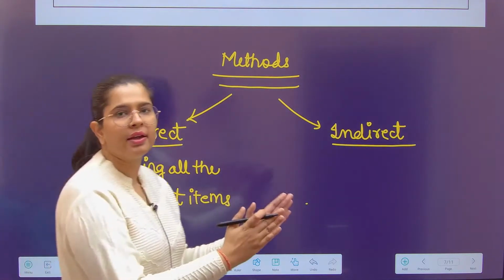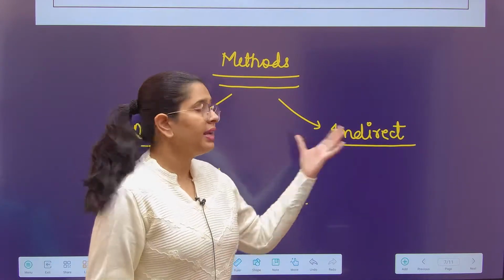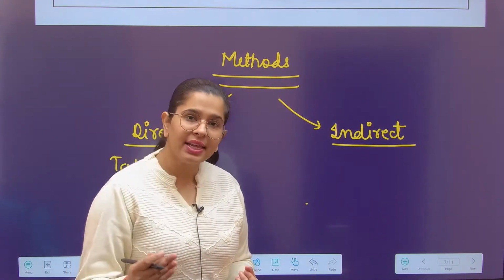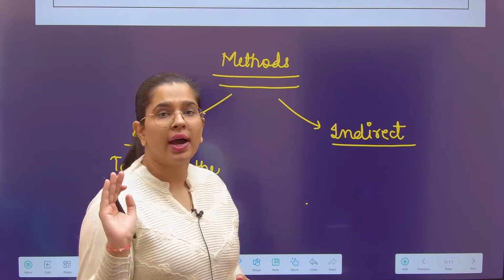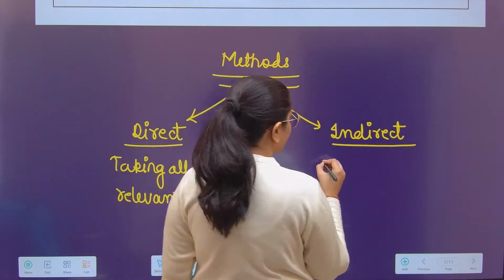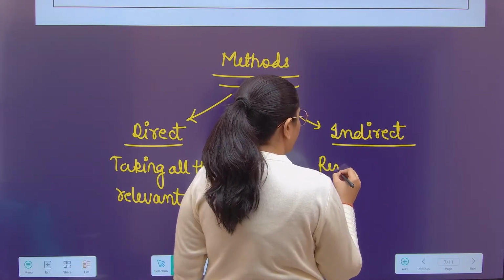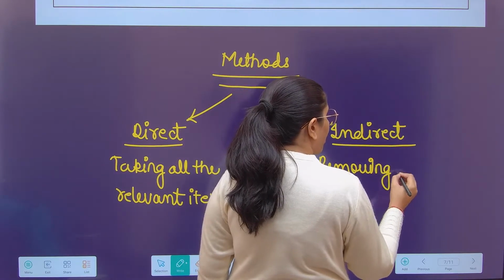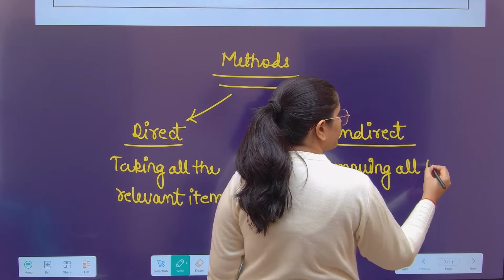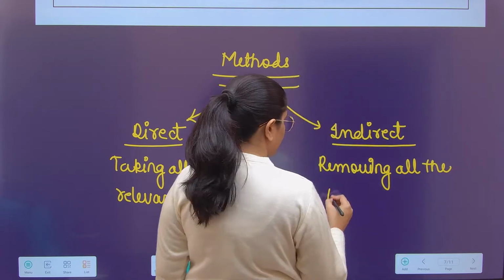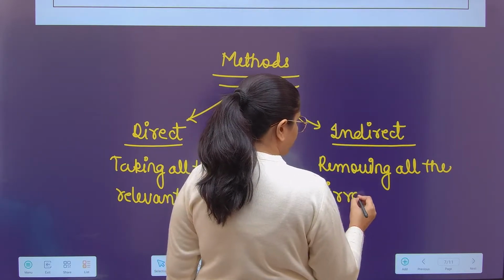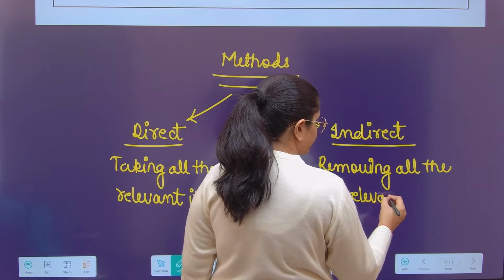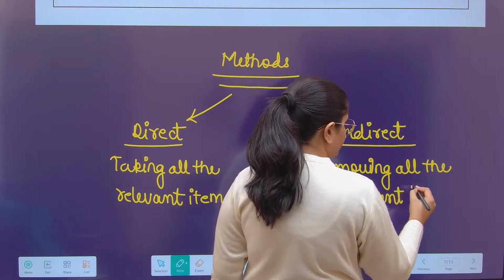It means you are taking a straight lane. Indirect method means filtering out all the non-required items. So the indirect method talks about removing all the irrelevant items.